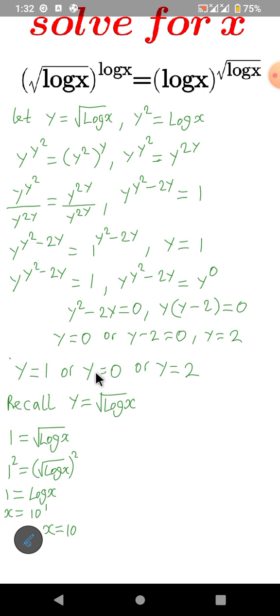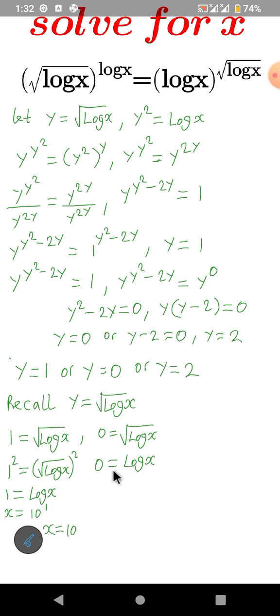So now let's solve again when y is equal to 0. When y equal to 0, so y is what? 0 equal to the square root of log x. Now from here, I'm going to square both sides also. When I square both sides there, I got 0. The square root sign will be eliminated, leaving only log x.